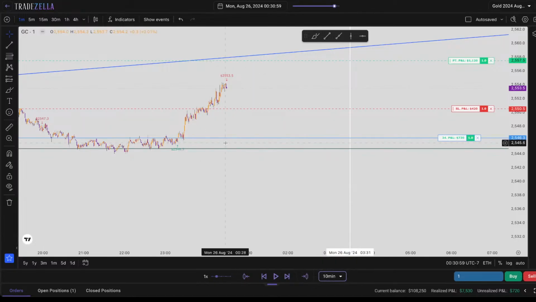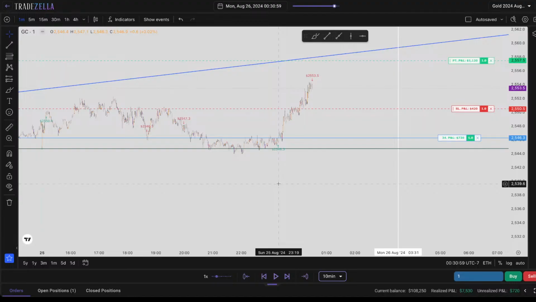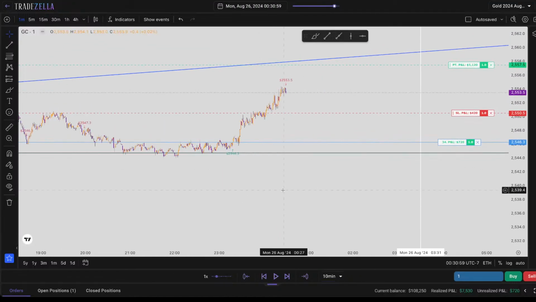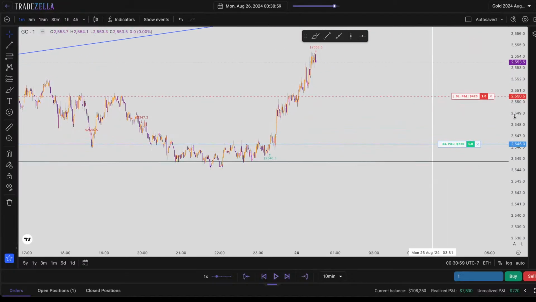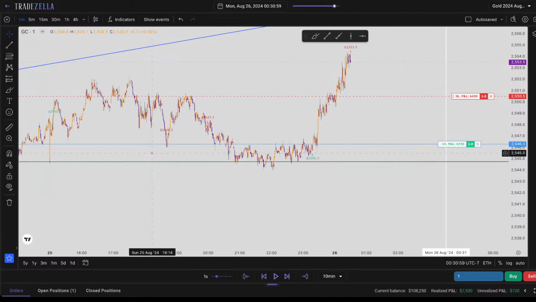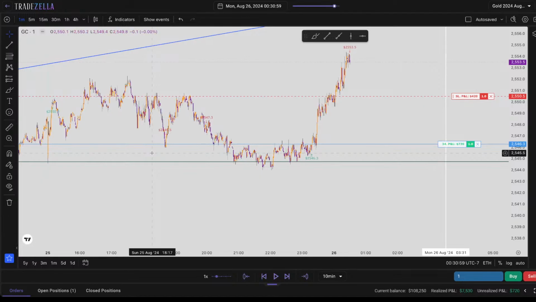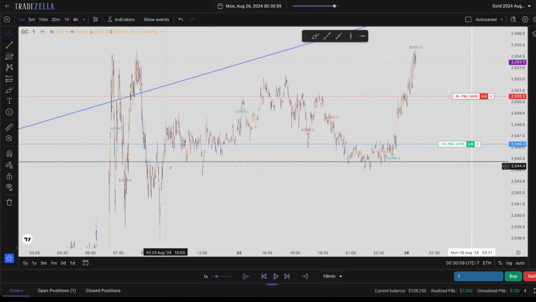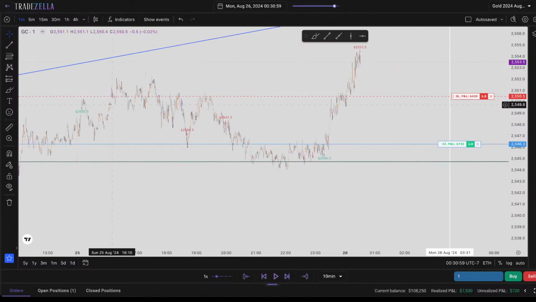So we've been in this trade for a while, folks. We got in here. Look at that entry. Let me see what happened here. Did we go long here? We went long here.